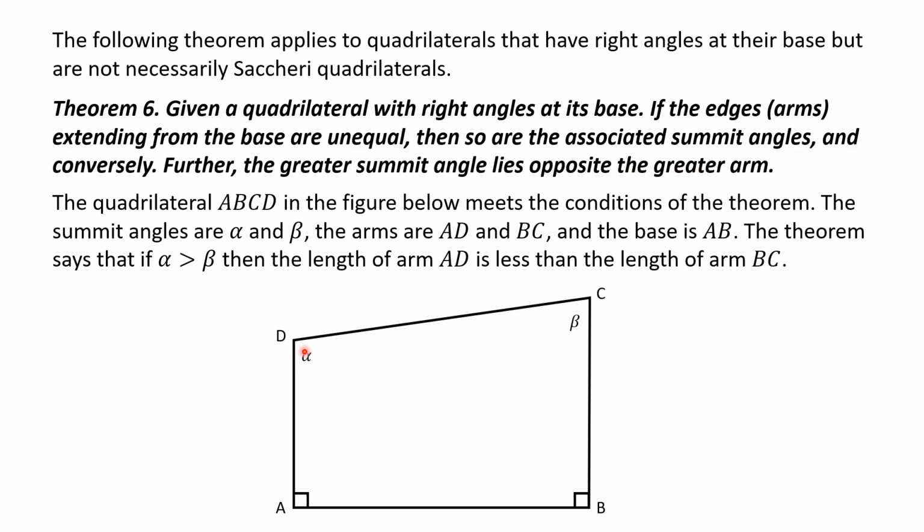So alpha is the bigger of these two angles, and it lies opposite the arm of greater length. And the smaller angle lies opposite the arm of lesser length. So we need to prove this in 2 parts, and we'll do that in the next couple of slides.